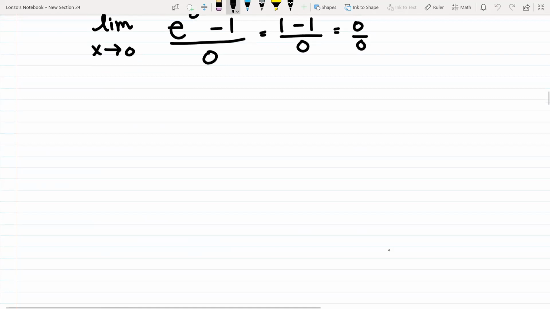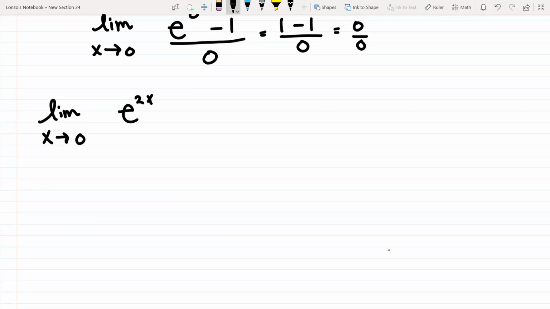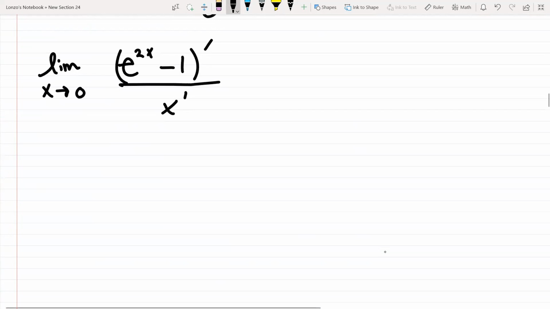So what is the derivative of the numerator?